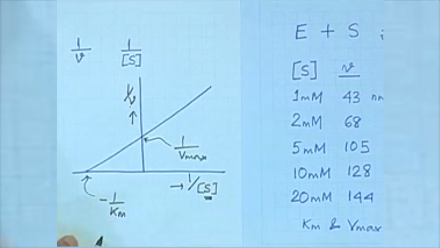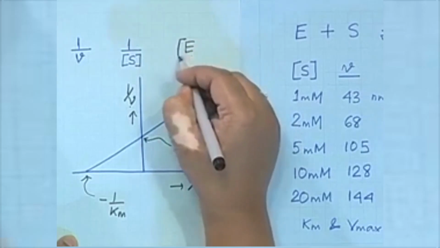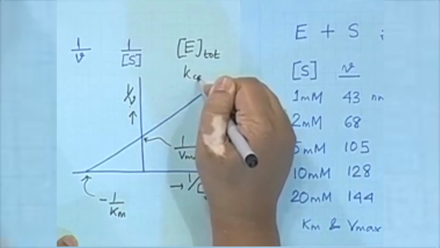So, I can calculate what the maximal velocity is, and I can calculate what the Km value is. If I knew what the total enzyme concentration is, what else could I calculate? Kcat.